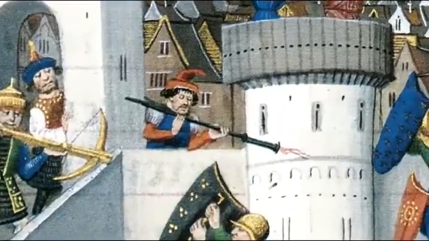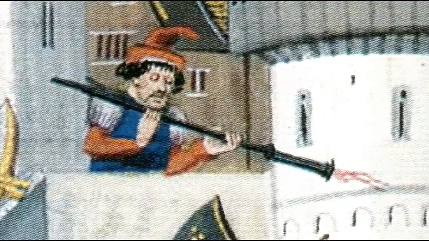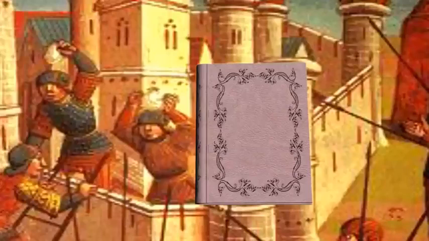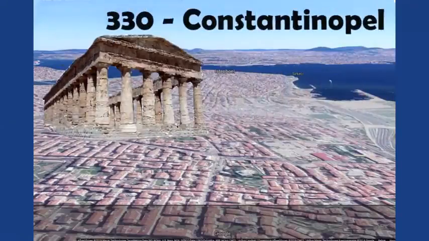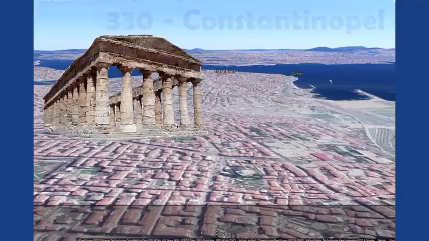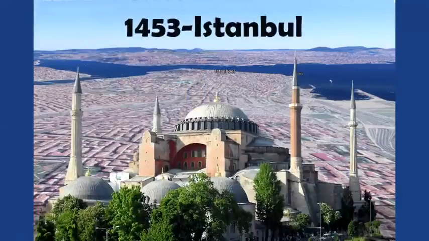And what do you think of this one? Fire weapons? So what are the history books telling us about Constantinople? Well, they try to tell us that the original name was Byzantium. In 330, the name was changed into Constantinople, and in 1453, the name was changed into Istanbul.